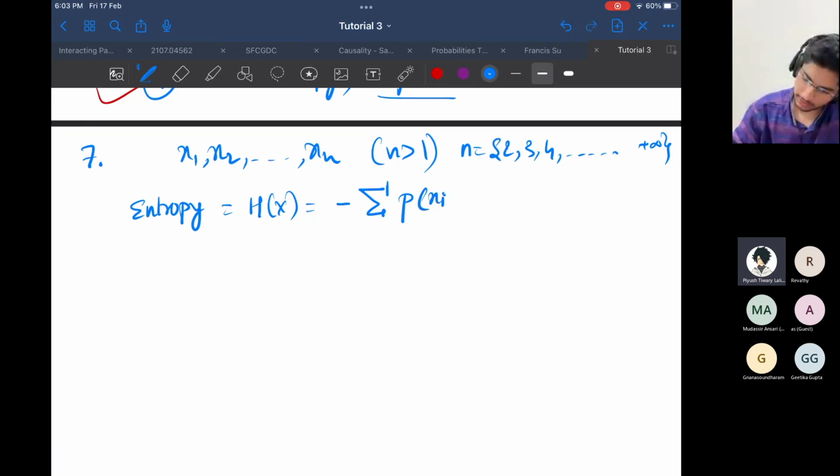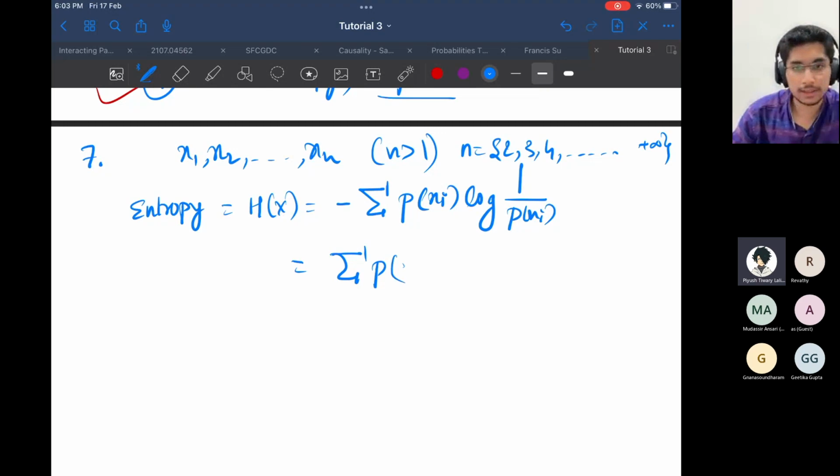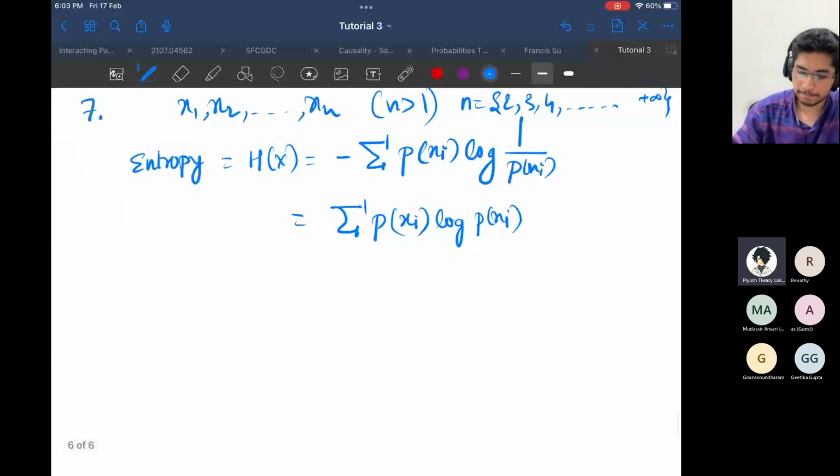Or this is also written as negative summation p of xi log of p of xi, right? This is also a valid statement. How is it obtained? Just take the negative inside, and you will get it.